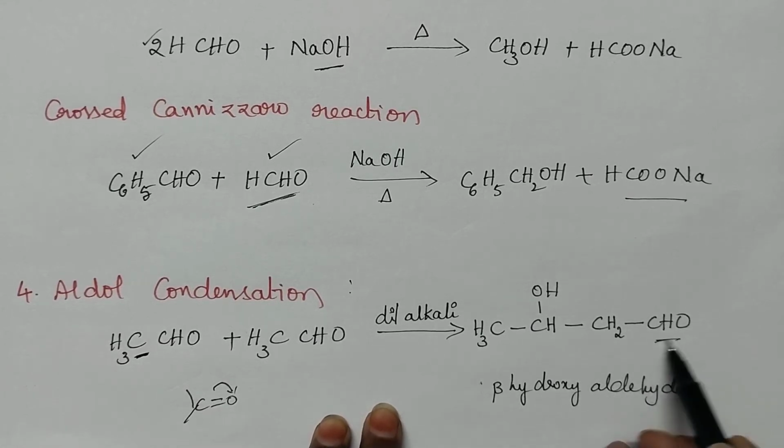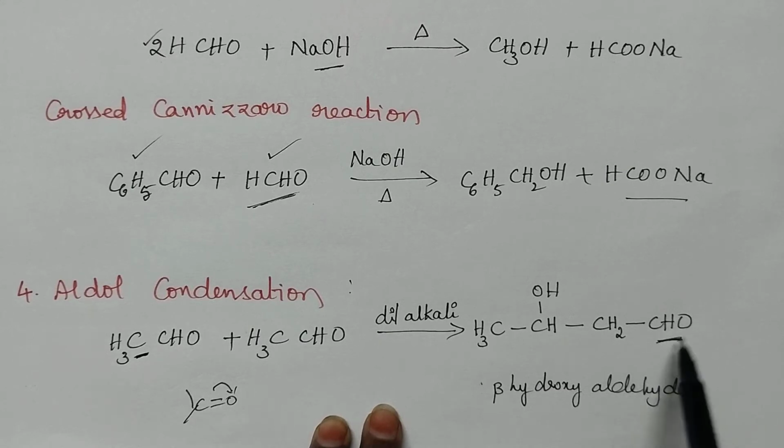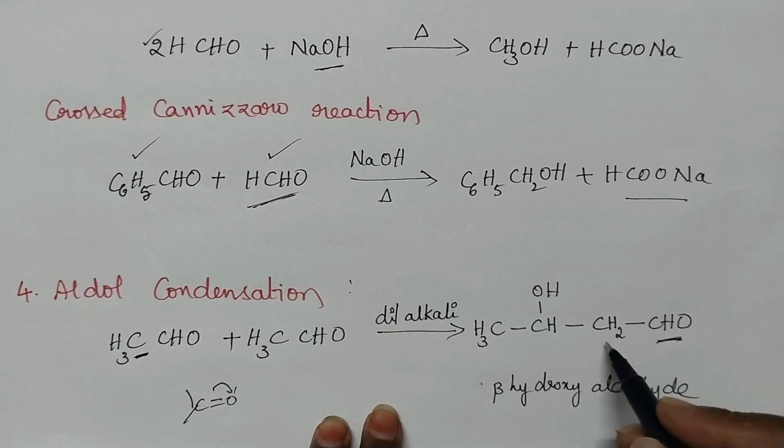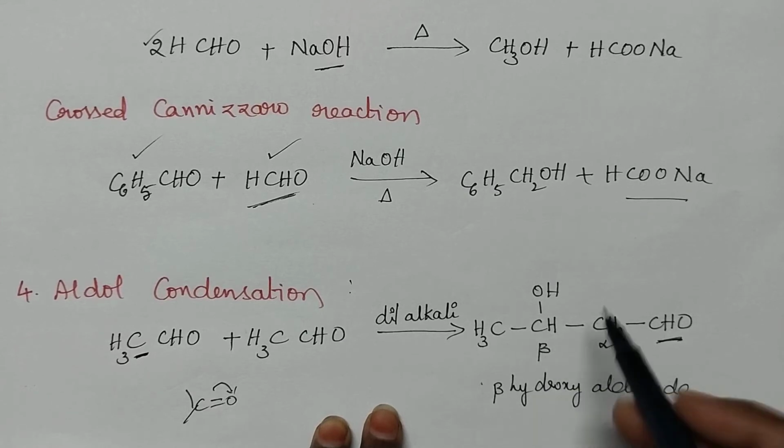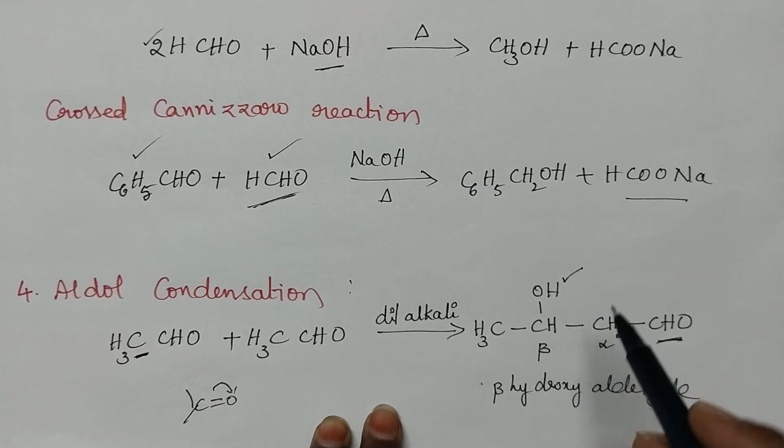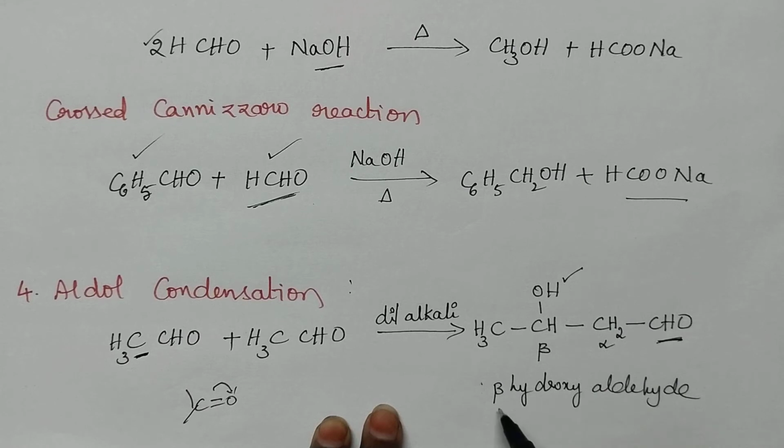So here the functional group, aldehyde, is the principal functional group. It is the alpha carbon atom and it is the beta carbon atom. Hydroxy is the substituent. So it will be called beta hydroxy aldehyde.